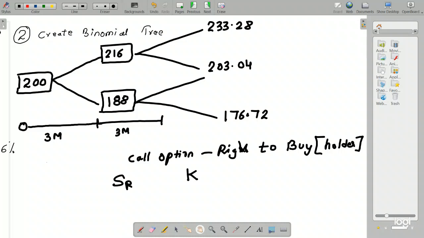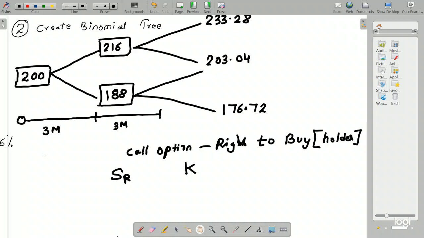Your 200 may become 216 or it may become 188. Again, this 216 after 3 months may become 233.28 or it may become 203.04. Because of the change in the spot price, which is not under your control, your decision is being affected.